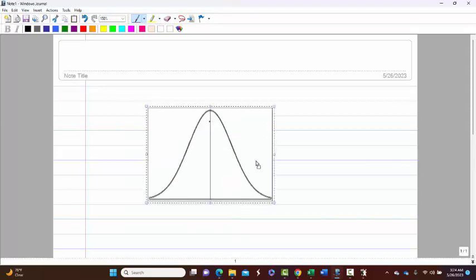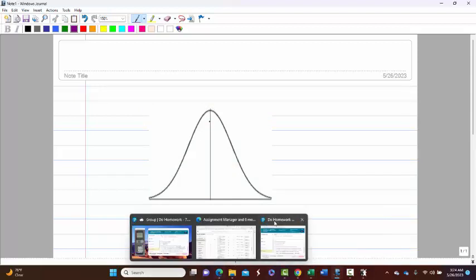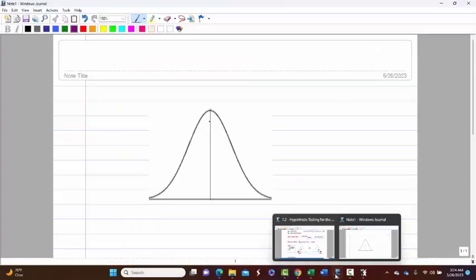So the idea was the critical values are 2.33. So you'd have a negative 2.33 here, and a positive 2.33.